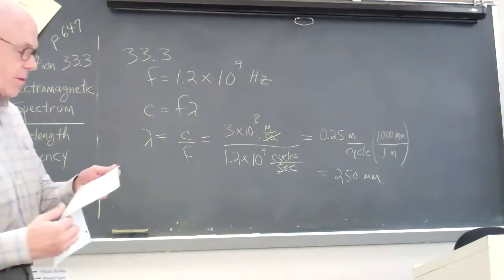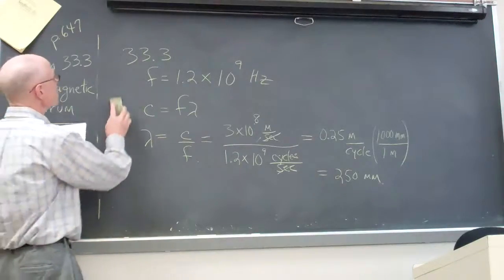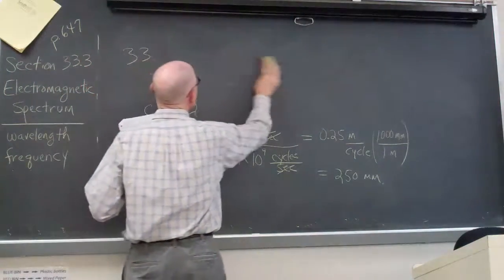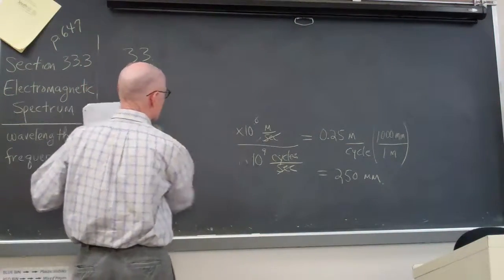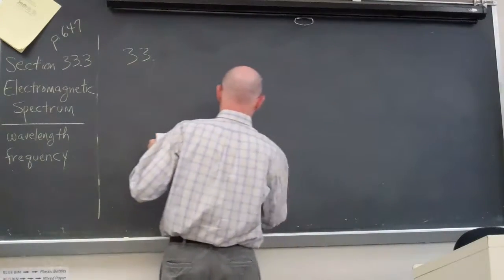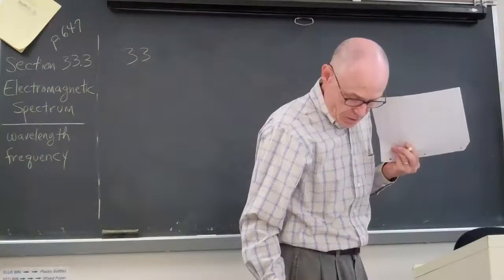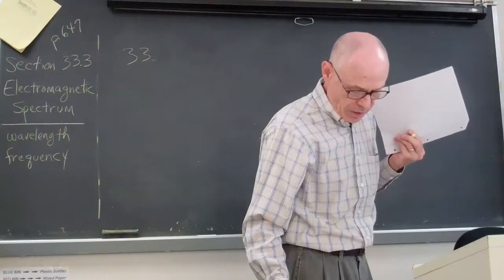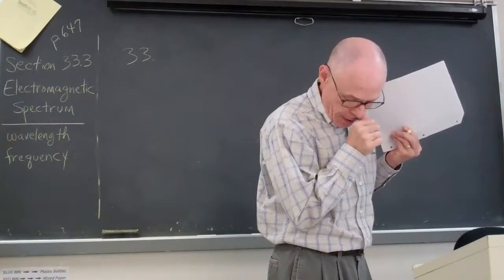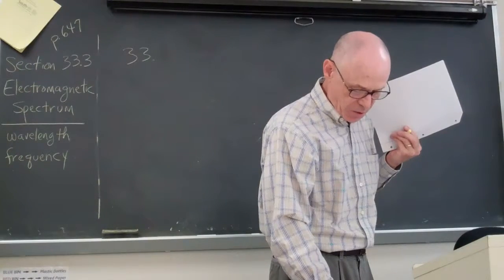All right, now we'll move on to the next one, 33.7. Now I gave you a correction for number 7. I should have given you another one. In number 7, you're asked for the wavelength to be expressed both in nanometers and angstroms.